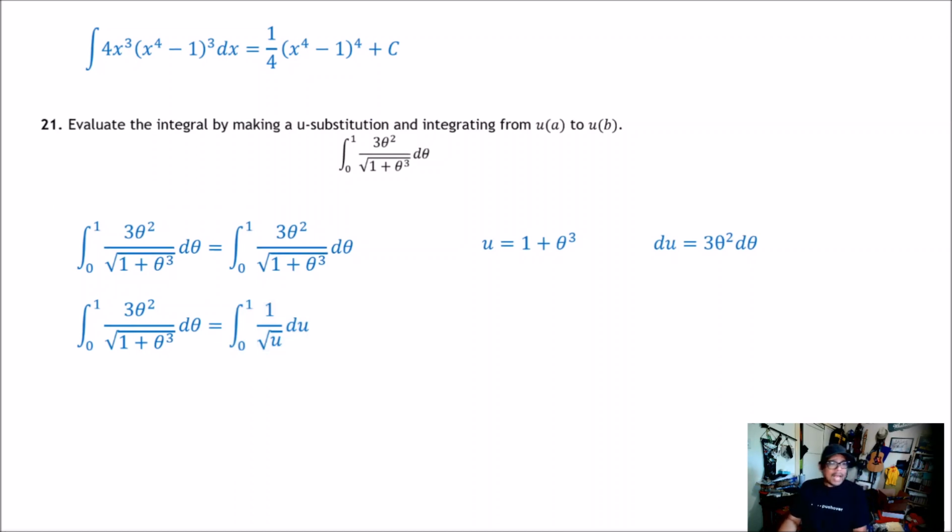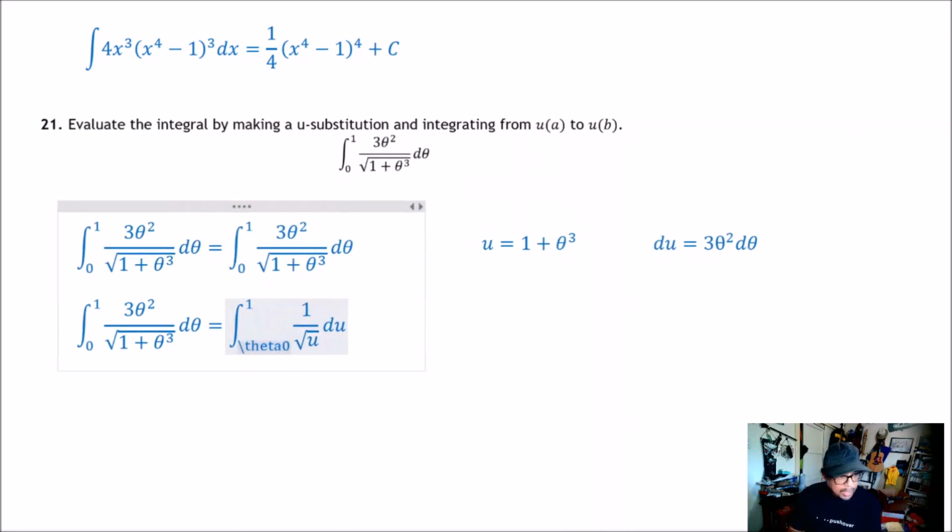And then the last thing we're supposed to do is to substitute our upper and lower limits. So over here at our lower limit, this is when theta is equal to 0, and this is when theta equals 1.